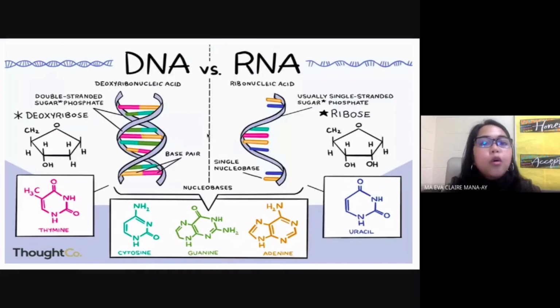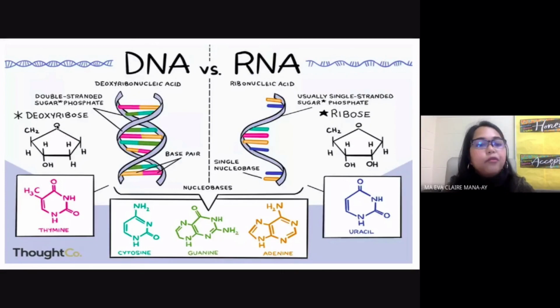Now, we said they also have a difference in the type of sugar that they have: deoxyribose for your DNA and ribose for your RNA. The main difference is that when you say deoxy, this actually means removal. D is removal, so removal of one oxygen atom. That means in your deoxyribose, the sugar of your DNA, there is one missing oxygen atom.